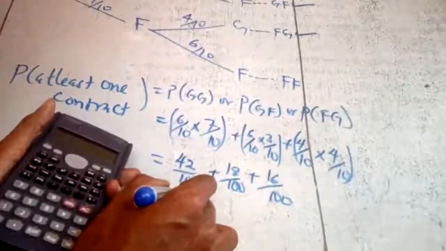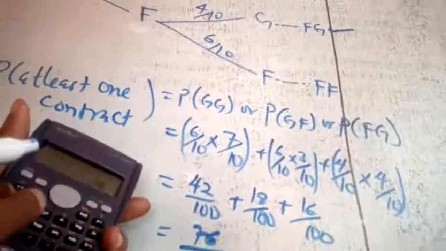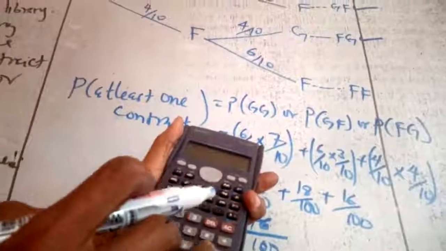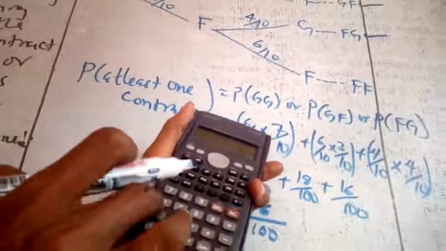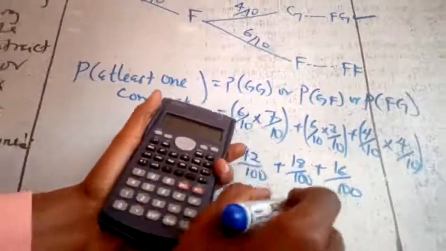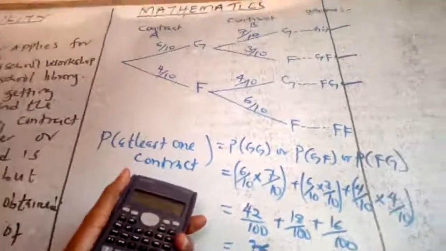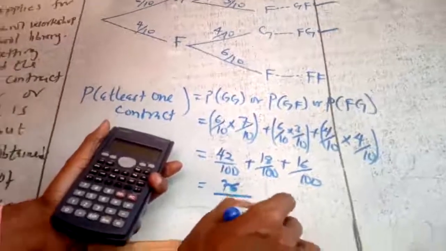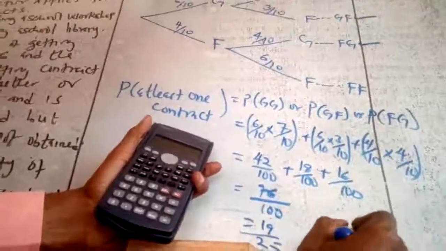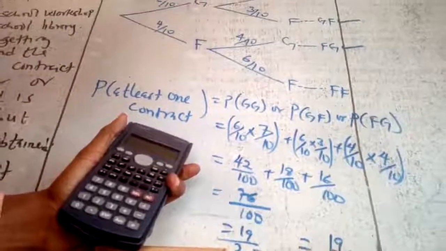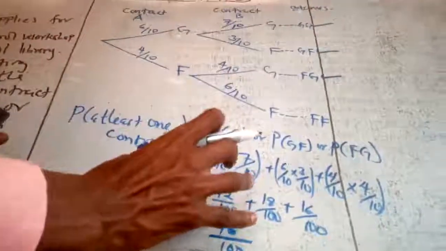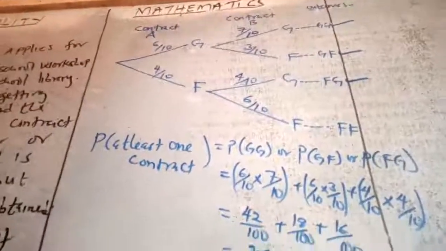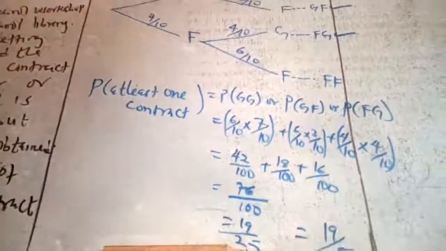Out of 100 you get 76, and dividing 76 by 100 you get 19 over 25. So as far as the answer is concerned, you can write 19 over 25. That is the answer as far as this question is concerned. So the probability of getting at least one contract is 19 out of 25.